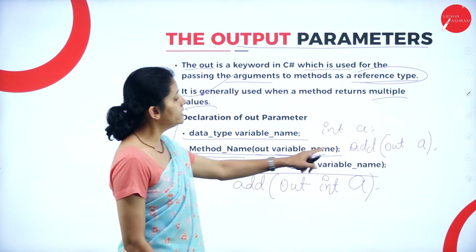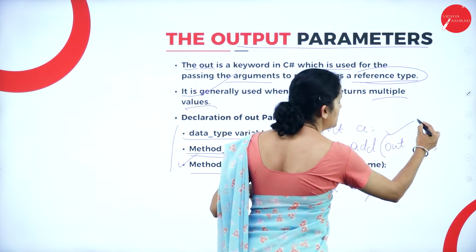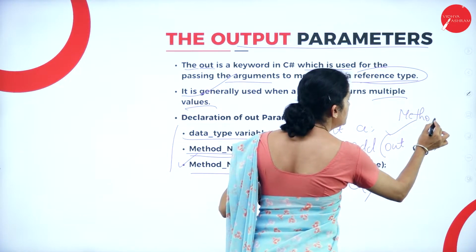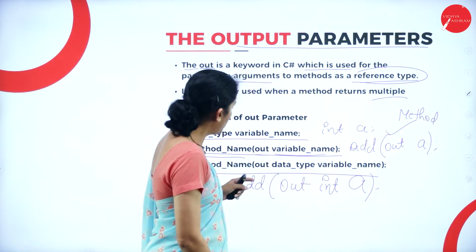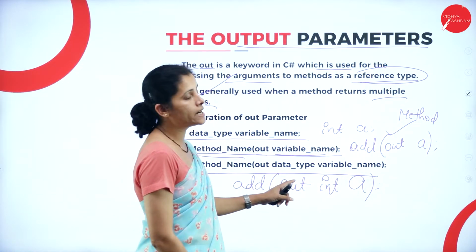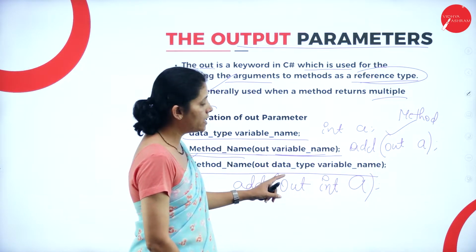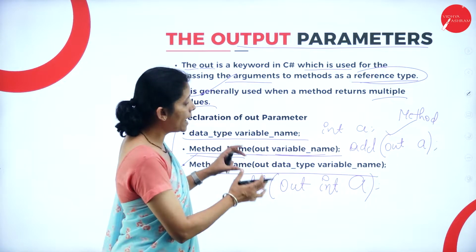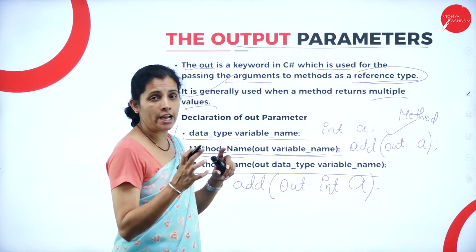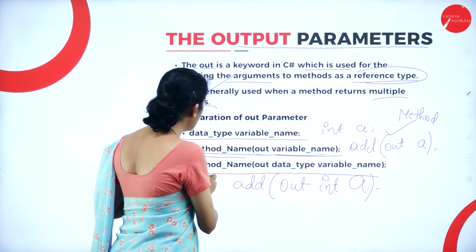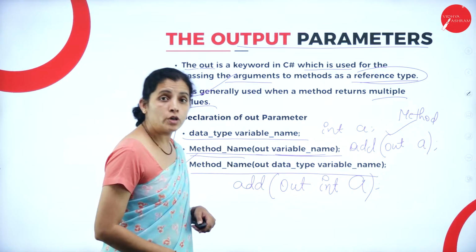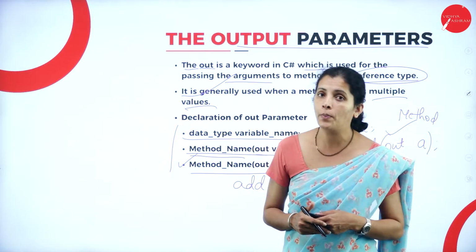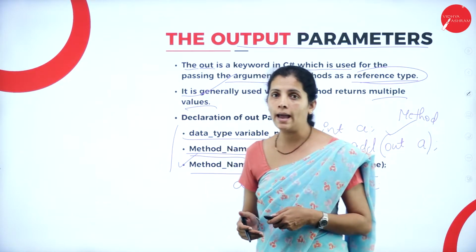So dear student, this declaration is nothing but method calling. That means I'm going to call the method. Then what about my last statement? It's nothing but the method definition. That means I'm going to write the complete statement within this method. So dear student, this is the way I can use output parameters in my program.